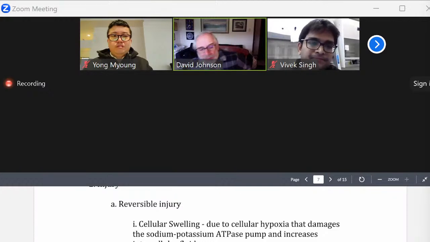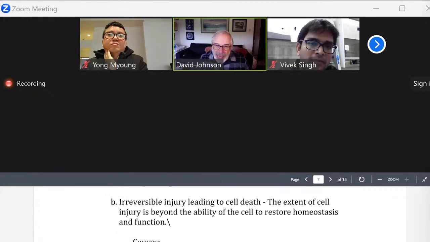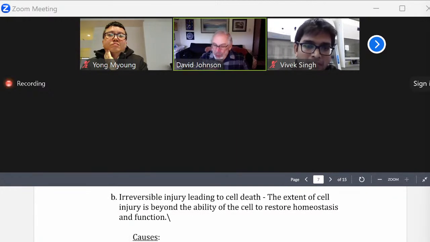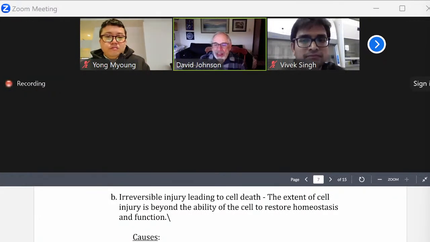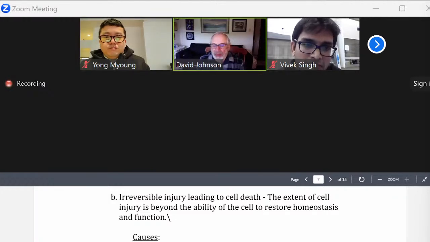So, aside from reversible injury, if the damage is too extensive, there'll be cell death. This is a situation in which the disruption is so extreme that you can't restore normal function.